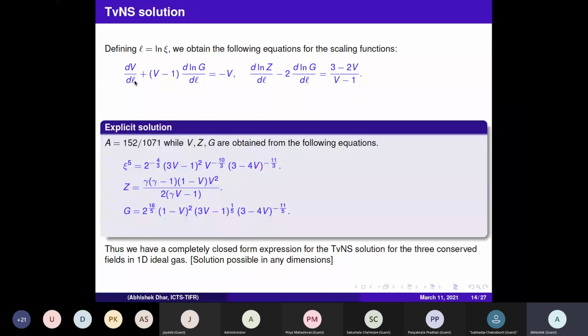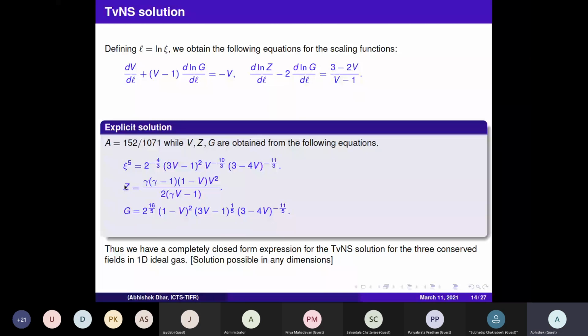This is quite miraculous, that you can solve these complicated equations, but somehow you can, and I just write the solutions. You can see that this first equation, for example, you can invert numerically, of course, and find v as a function of z. Then the second equation gives us the z, and then you can also obtain g.